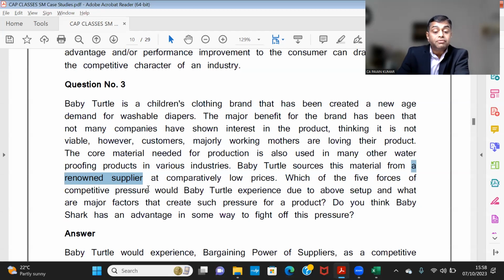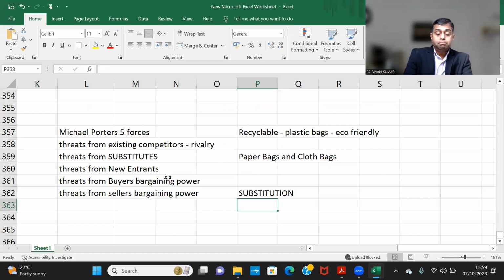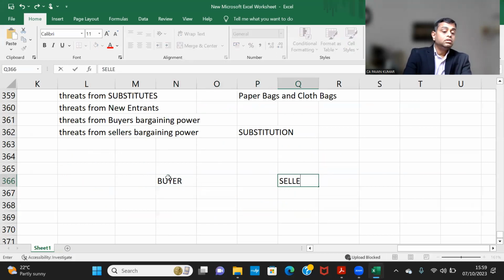They are saying that there is one renowned supplier. Because the supplier is big and renowned, it is a problem for you. Now look here, there is a threat from supplier's bargaining power, there is a threat from buyer's bargaining power. So there are two parties. One is buyer, one is seller.